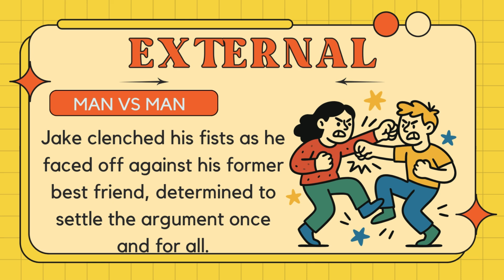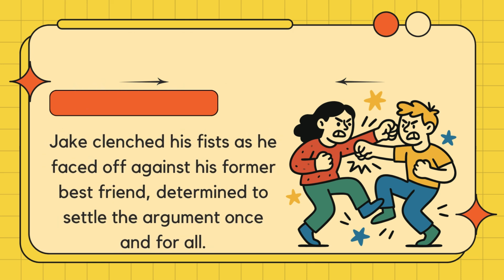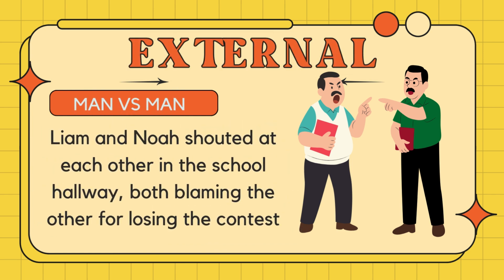That is an example of man versus man. Another example is Liam and Noah shouted at each other in the school hallway, both blaming the other for losing the contest. So they're having an argument, shouting and blaming each other. Okay, so that is an example of man versus man as well.